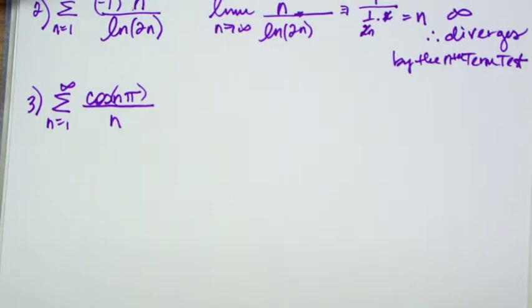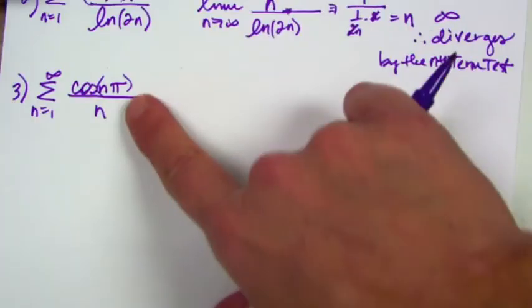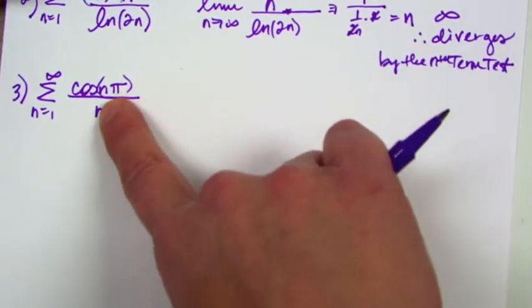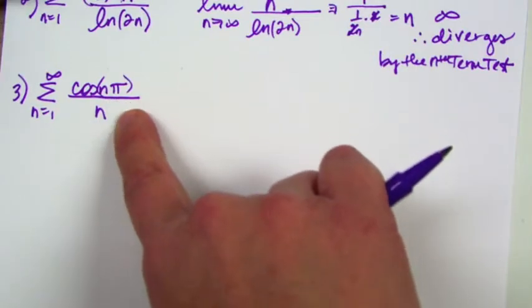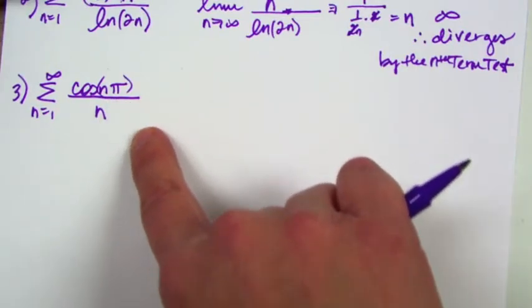If n is 2, positive 1 over 2. If n is 3, negative 1 over 3. Are you following where these numbers are coming from? Because at every odd value of n, cosine is negative, and at every even value, it is positive.